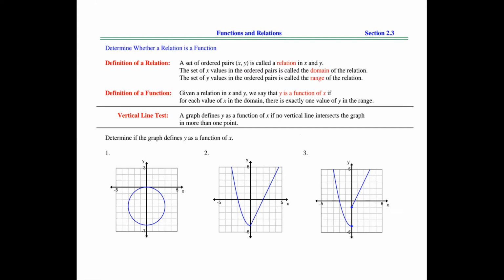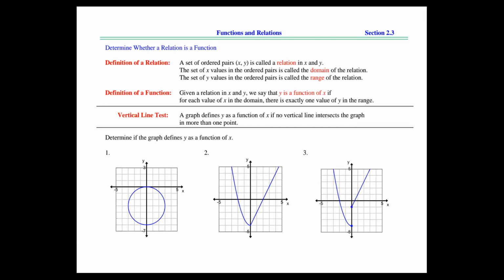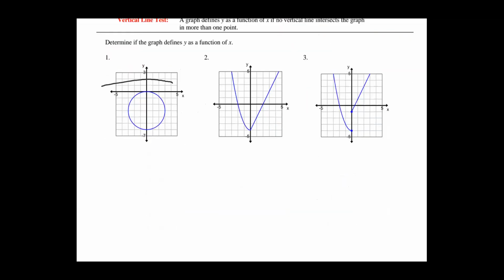So first, let's go through the definition of a relation. A set of ordered pairs (x, y) is called a relation in x and y. So if you collect some ordered pairs and put them in a set, it's called a relation. I'm going to write an example here.